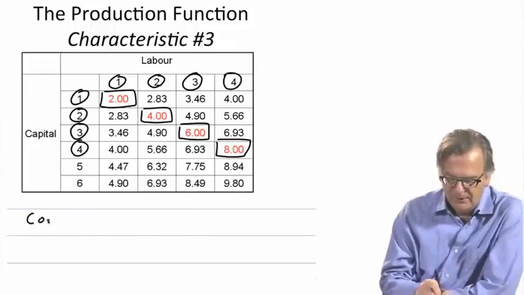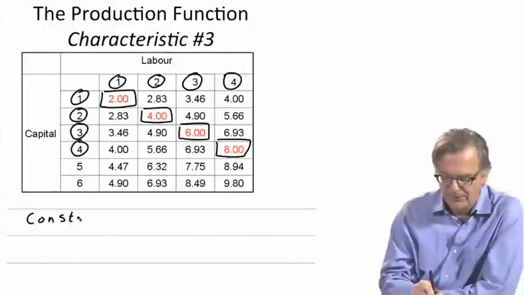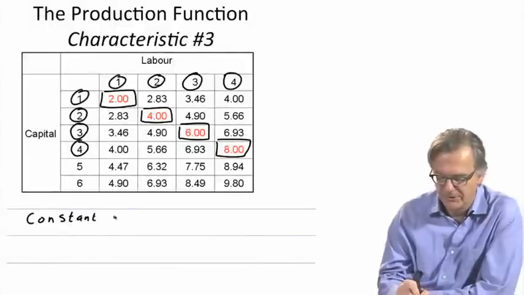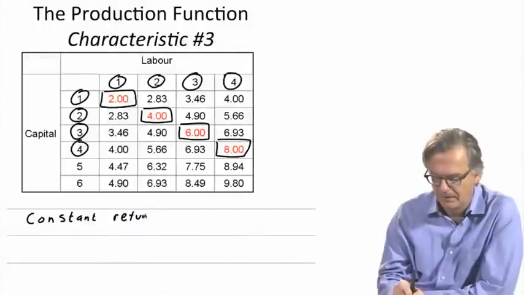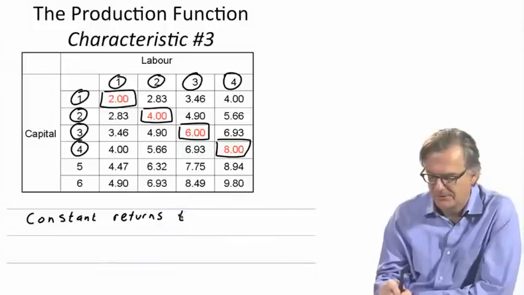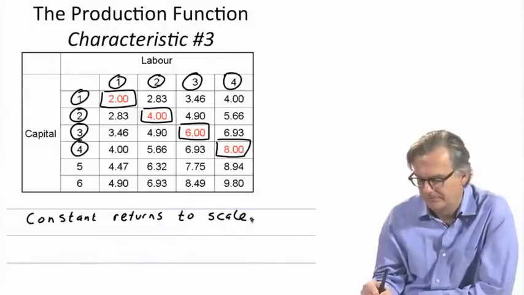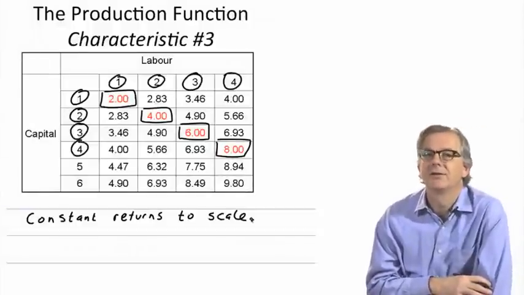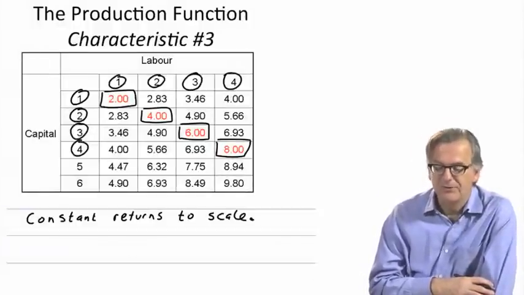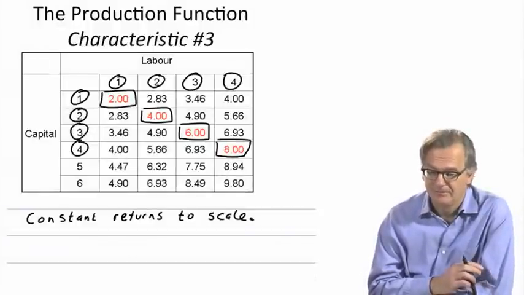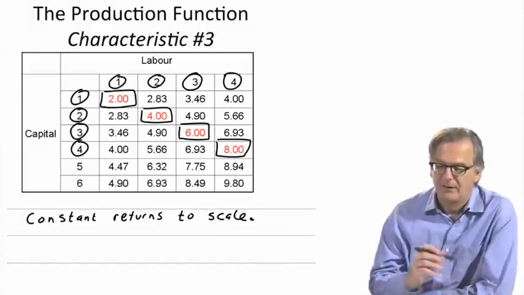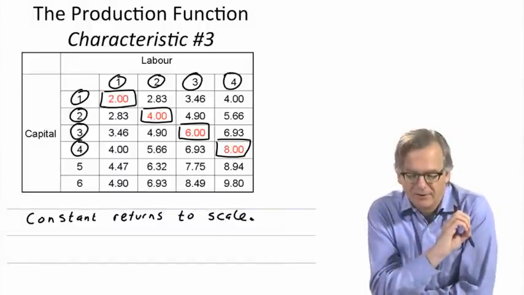What you're looking at is a characteristic of production known as constant returns to scale. And constant returns to scale is an observation about production that says the following.